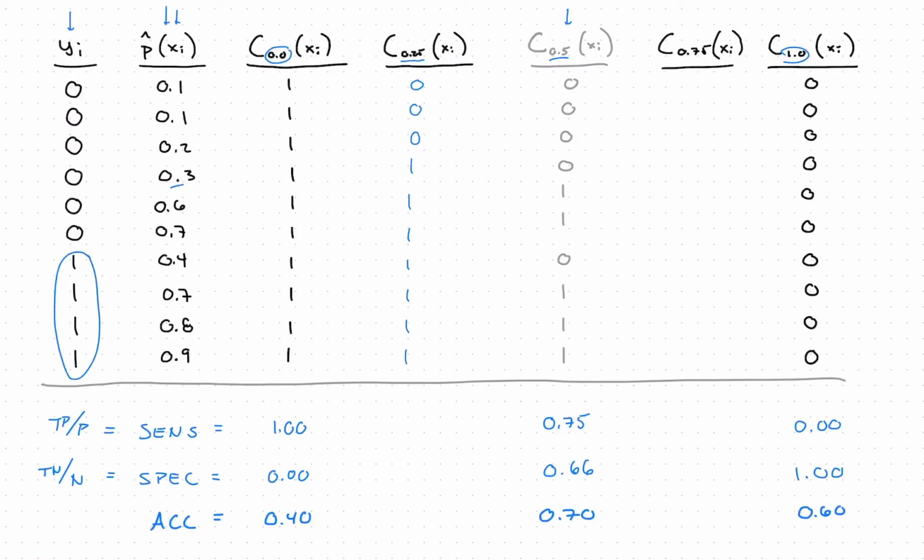Within those, how many did we label as positive? Well, all of them. So we still have 100% here, but then our specificity within these, we label these as 0, so that looks like a 0.5. And our accuracy, I said these are correct and these are correct, so that looks like 0.7. I did that kind of fast, but if you go back to the previous definitions, that shouldn't be too hard to do.